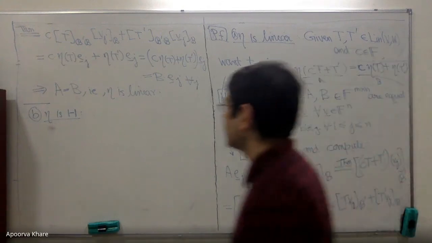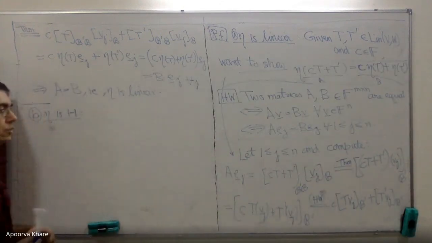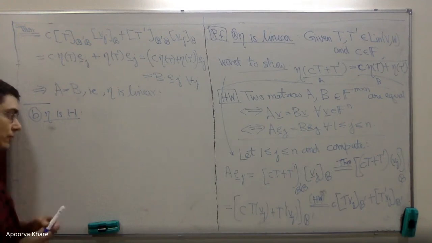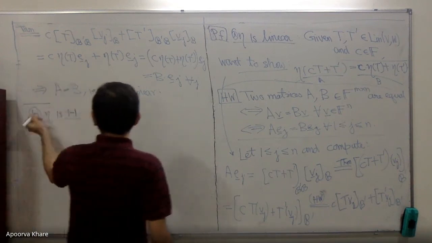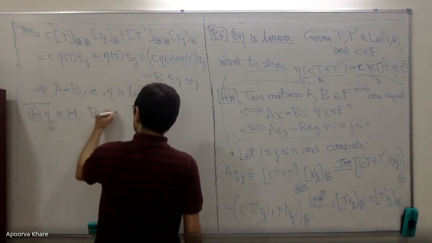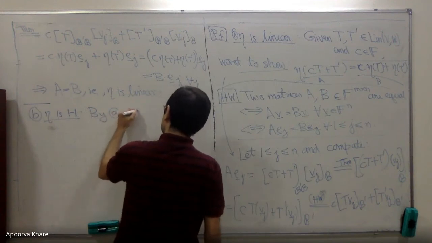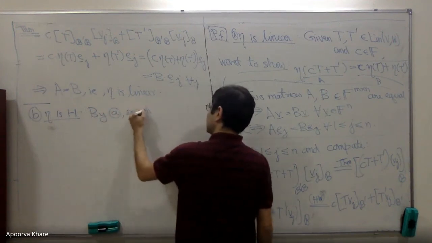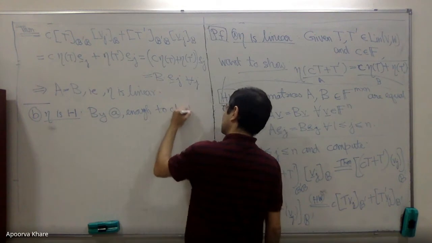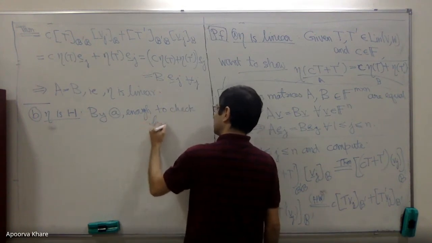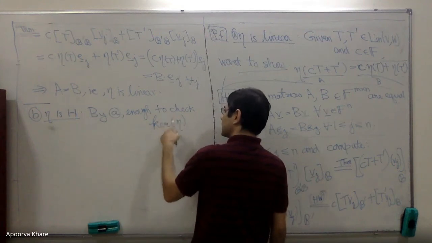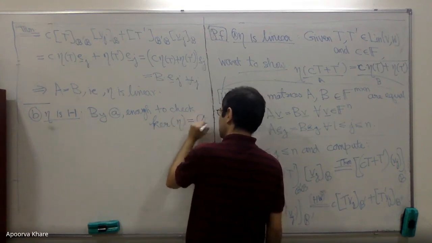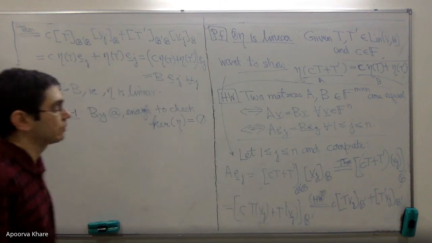Fine. So eta is one to one because, since eta is linear, it's enough to show the kernel of eta is 0, that the kernel is precisely the linear maps that are sent by eta to 0. And this is the 0 meaning the 0 linear map.